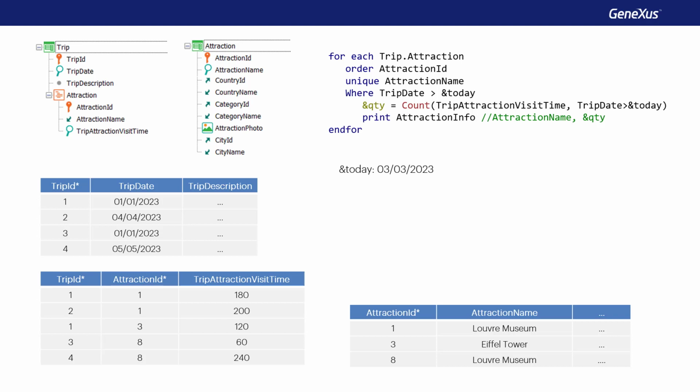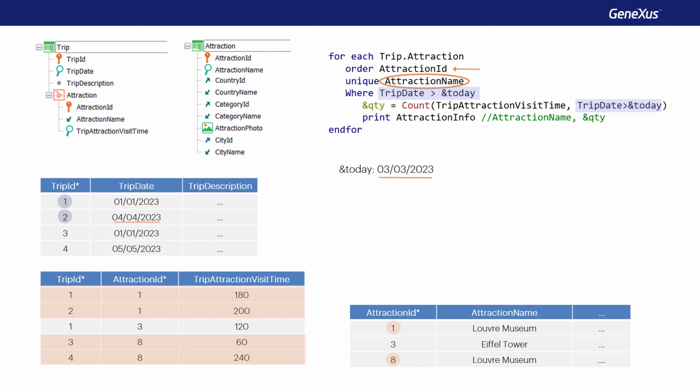The trip attraction table is run through by attraction ID, but also the records that share the same attraction name are considered only once. In this case, for the first record, there will be these 4. But of those, how many will pass the filter? The first one does not.